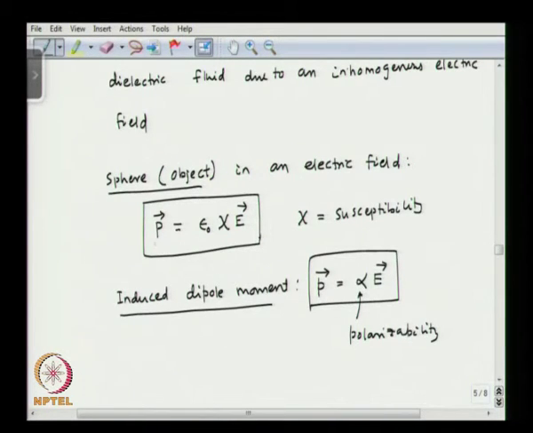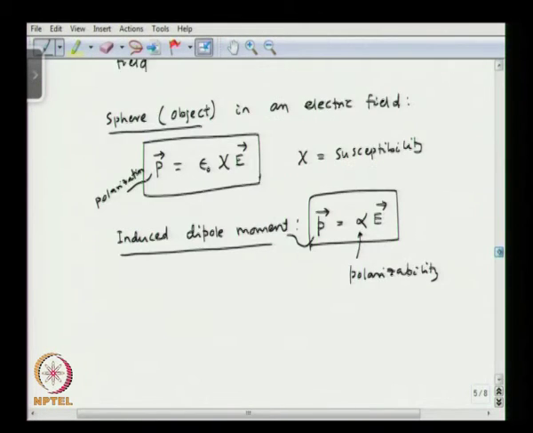Okay. So, capital P is the polarization, and the small p is the induced dipole moment, where alpha is the polarizability and E is the electric field.